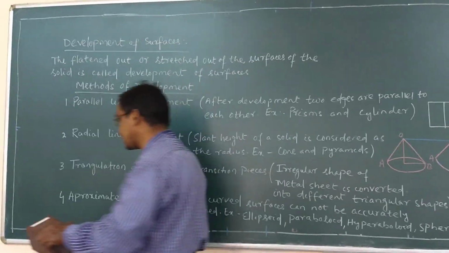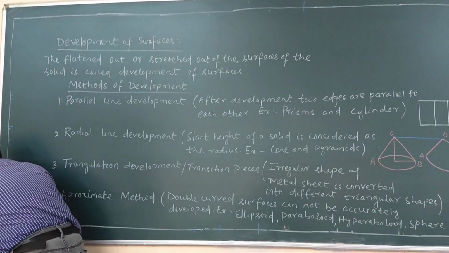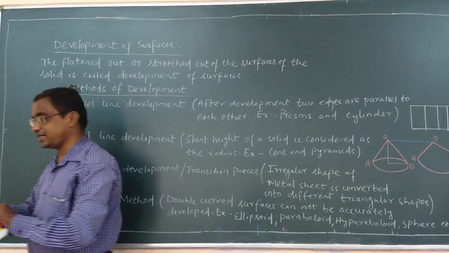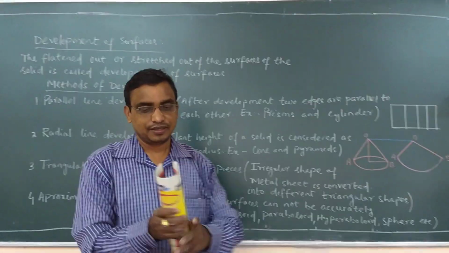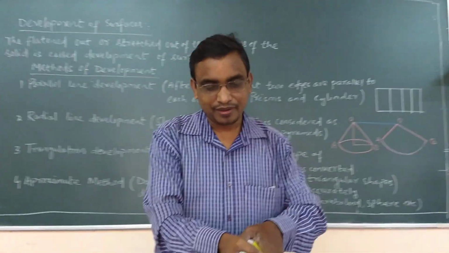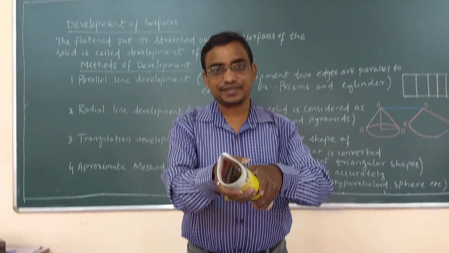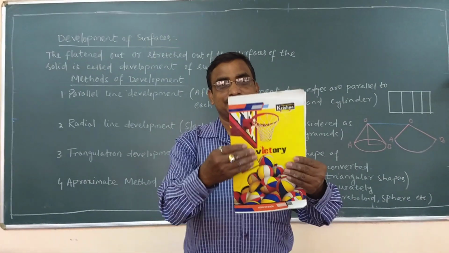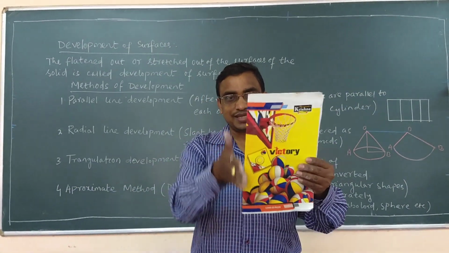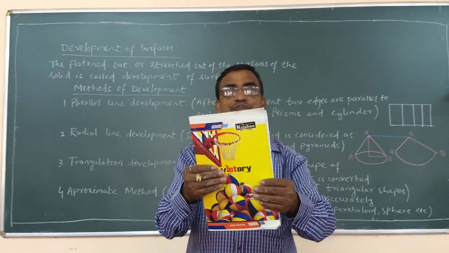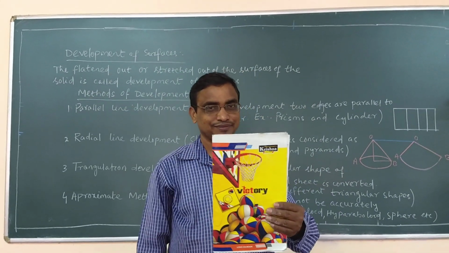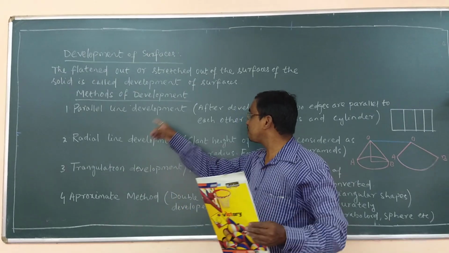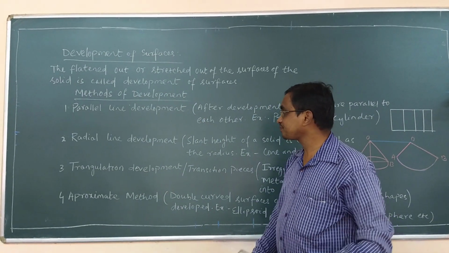In the case of the cylinder also, when I stretch it, it becomes a rectangular plane. This edge and this edge are parallel to each other. So that is your parallel line development.